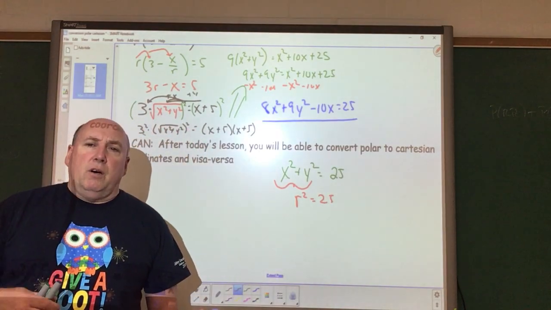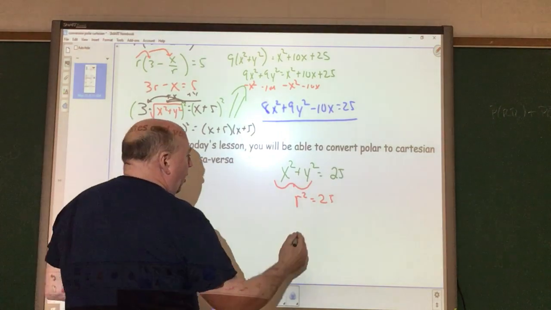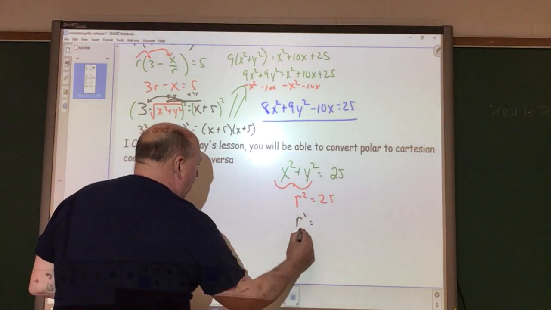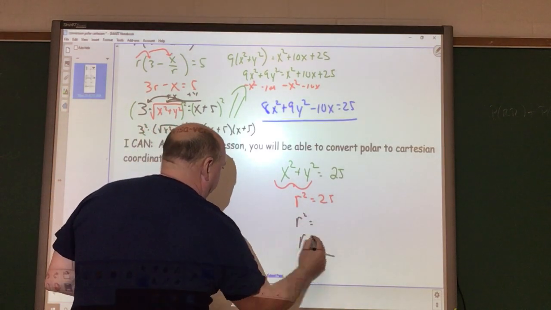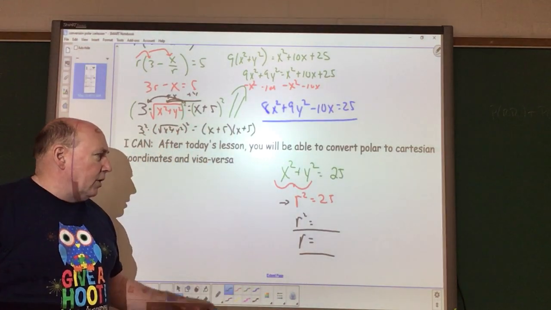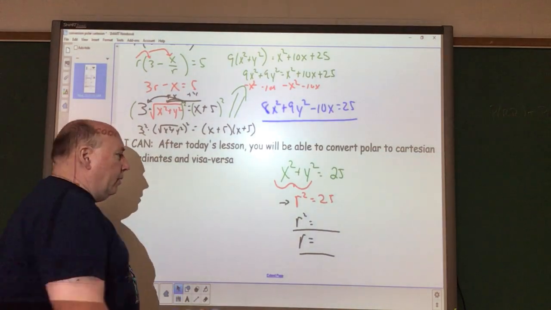Typically, when we solve for polar equations, their solutions are going to be r equals or r squared equals. So we have r squared is equal to 25, which would be acceptable as a solution, but we could take the square root of both sides and say r is equal to 5.